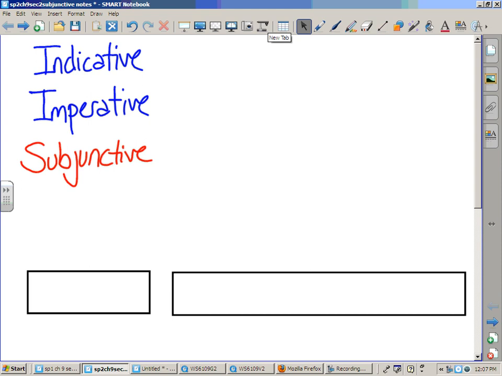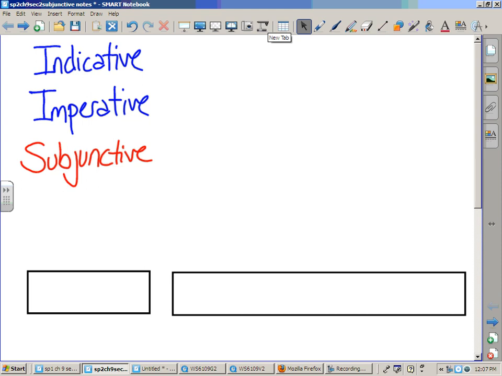In order to understand the subjunctive, let's go back and talk a little bit about what these other two forms are. What does indicative look like? Indicate, thank you.